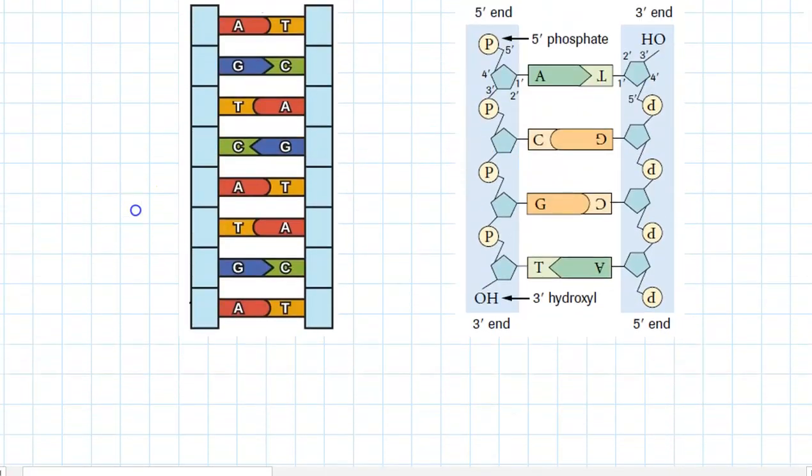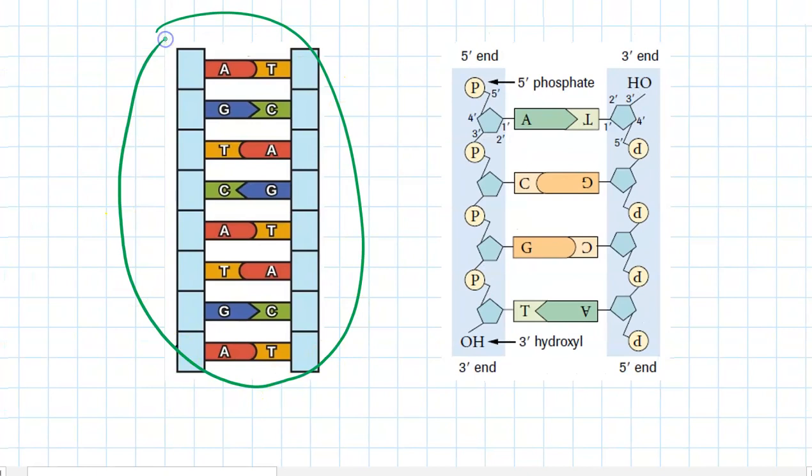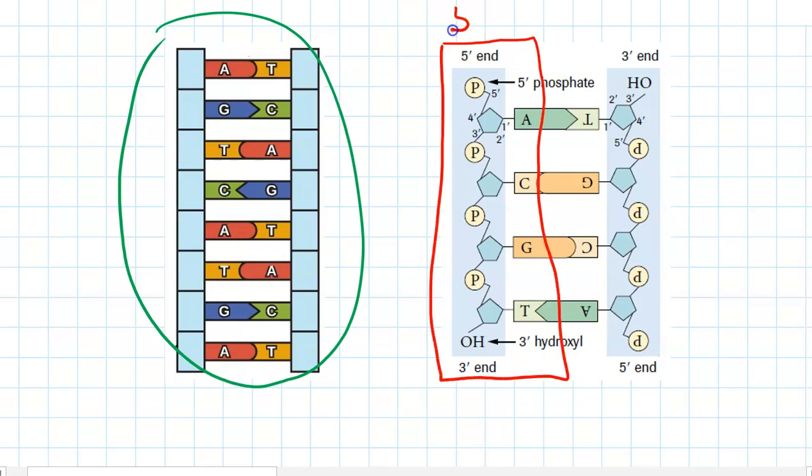So there are a couple more concepts to do with DNA. The first one is that our original view of DNA actually isn't quite right, because scientists discovered that the two strands join up in opposite directions. So the first strand that we looked at has 5' at the top, where the phosphate is, and it has its 3' end at the bottom, but the opposite strand runs the other way.